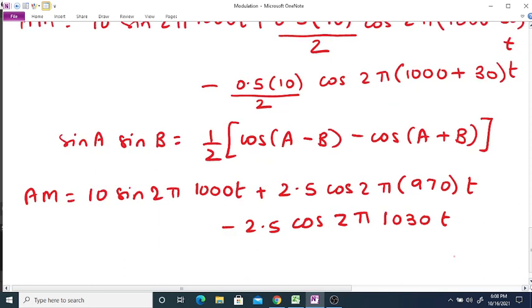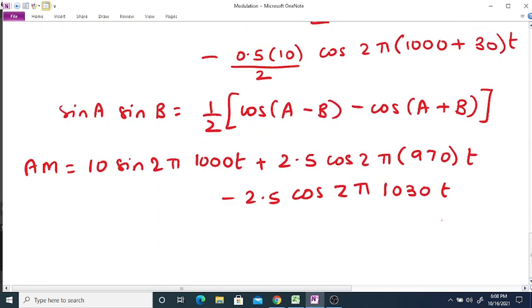So, this will be the expression obtained by using the above formula.